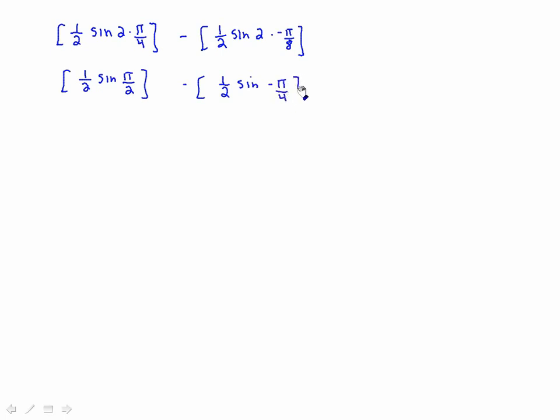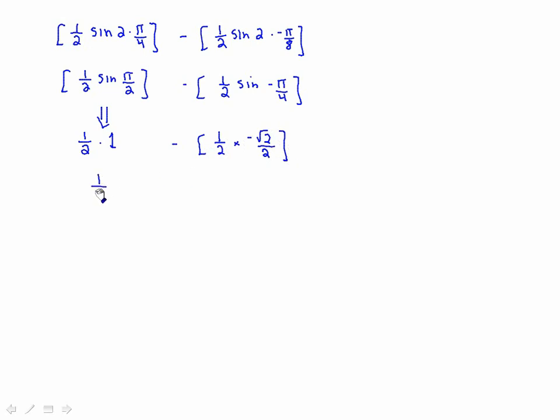Now you could use an identity if you wanted to clean that one up, but it may not be necessary. So the sine of pi over 2 is 1, so 1/2 times 1 minus 1/2 the sine of negative pi over 4, that's the sine of 7 pi over 4. It's going to be negative because you're in quadrant 4, and it'll give you negative root 2 over 2. So that's a 45-degree angle.